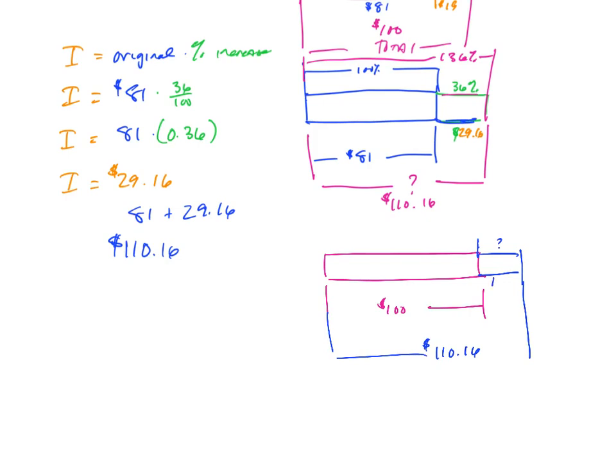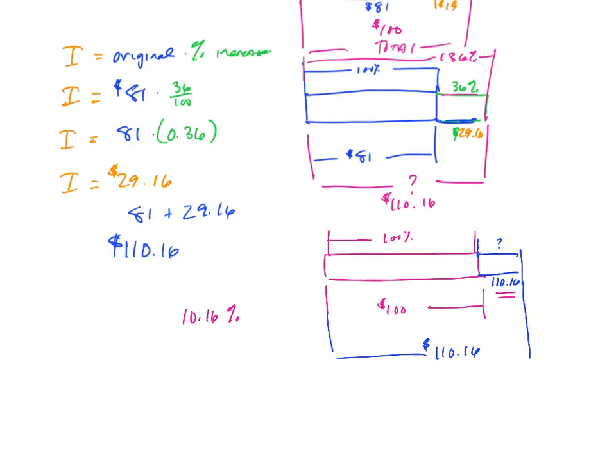Because what we did was we increased it to be $110.16. We have to remember this was 100%. So if you did it this way, then the number should be standing out, because really you're just talking about a $10.16 increase from the original price. So that's going to be a 10.16% increase.